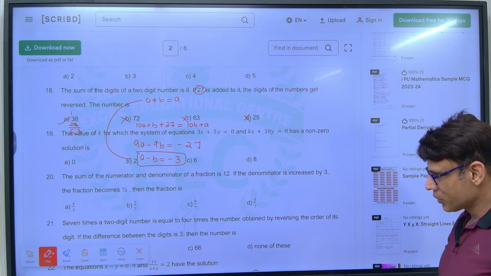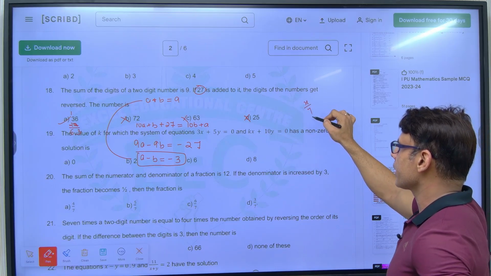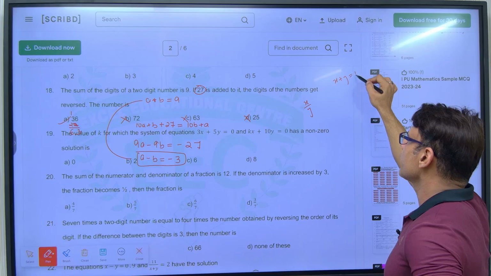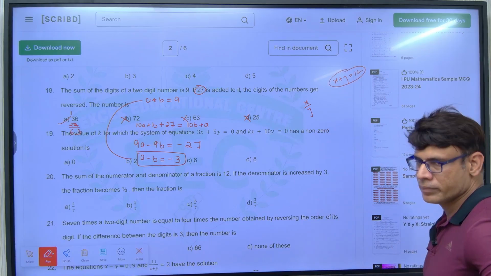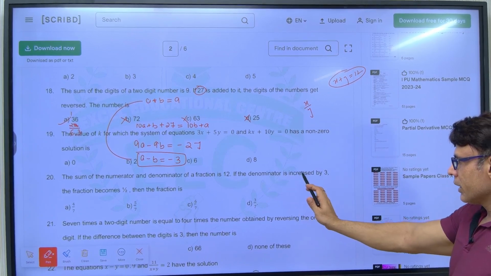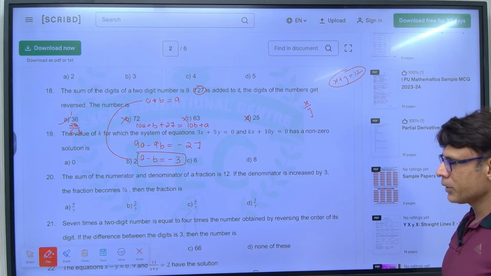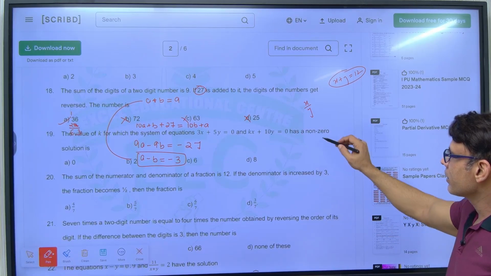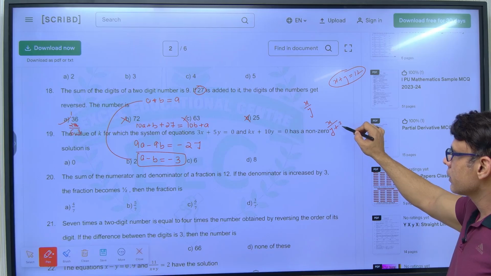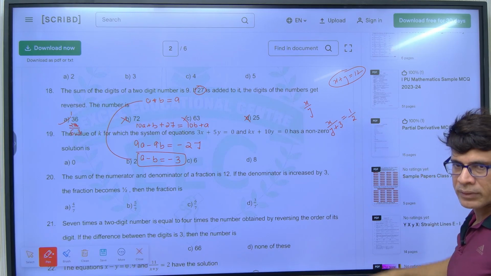If you want to solve this question by equation, let's say the original fraction is x by y, such that x plus y is 12. This is given to you. Further, they are saying if the denominator is increased by 3, only the denominator, nothing with the numerator, that means x over y plus 3, the fraction becomes half.